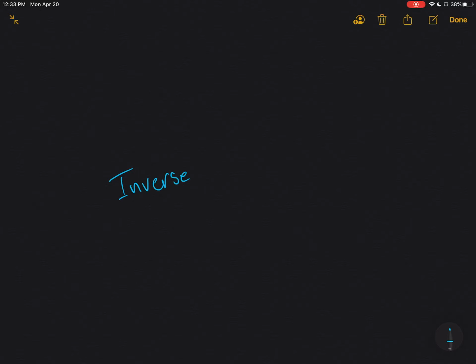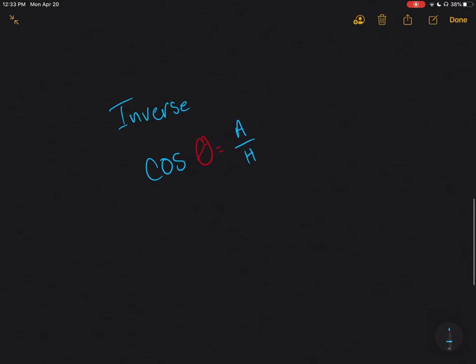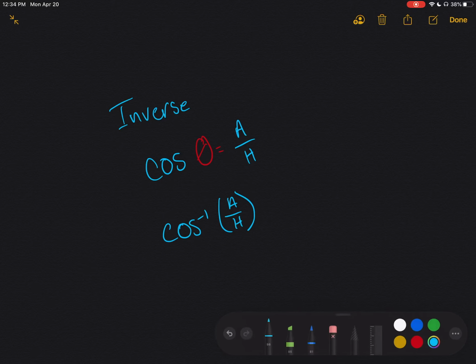It's the same with cosine and inverse cosine, where if I take the cosine of an angle, that's going to give me out the ratio between the adjacent and the hypotenuse. Alternatively, if I take the inverse cosine, I'm plugging in the adjacent over the hypotenuse and instead getting out an angle.